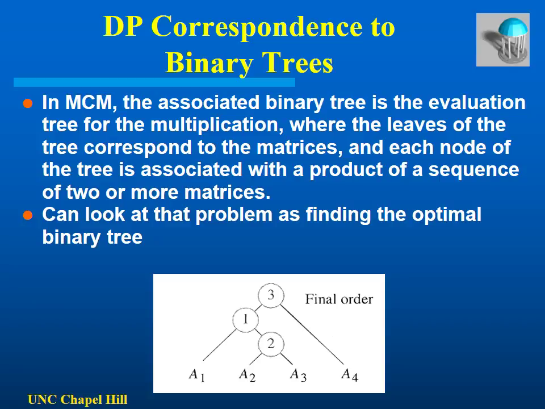This is the same as what we saw in this triangulation problem, except here the leaves are the edges, all but the closing edge, v n minus 1 to v0. So the matrix chain multiplication problem can be thought of as producing an optimal evaluation binary tree, and the triangulation problem can likewise be so interpreted.